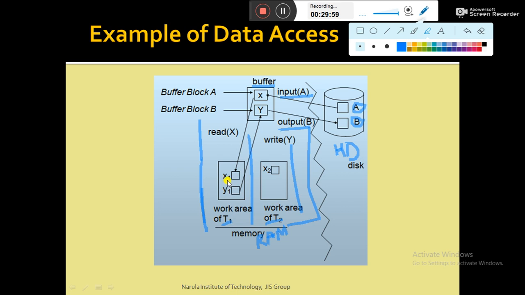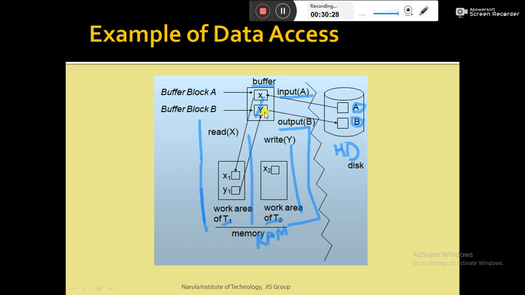In that private area within the RAM, the data items stored in the buffer space are copied into the private area of a particular transaction. So X is copied to X1, Y is copied to Y1. The transfer of X from the system buffer to the private area is performed with the help of the read(X) operation, and the copy of Y from the system buffer area to the private area of the transaction, into Y1, is done with the help of the write(Y) operation.